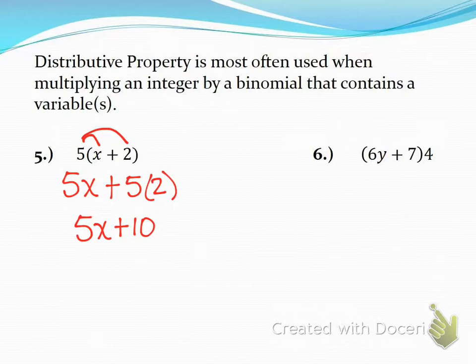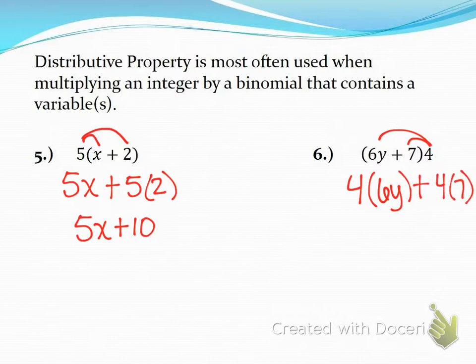On number 6, what is getting distributed? The 4. So it's at the back this time. So we're taking 4 times 6y. Be careful, it's that whole term. Plus 4 times 7.